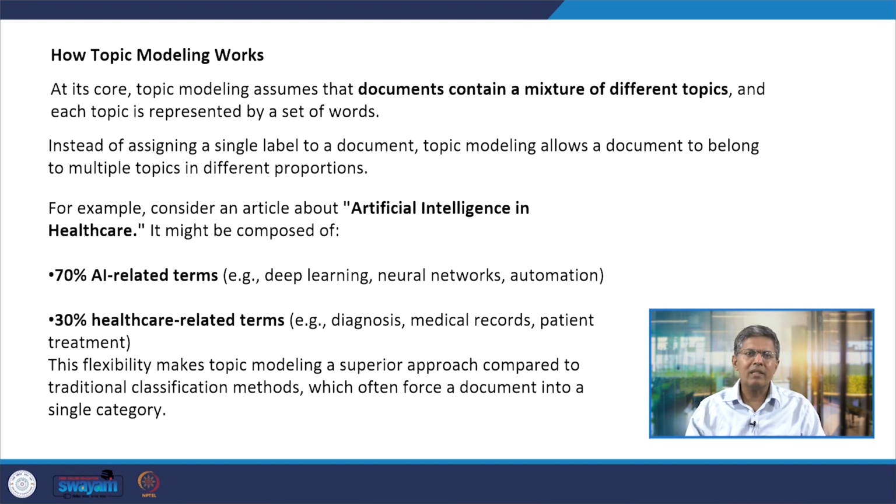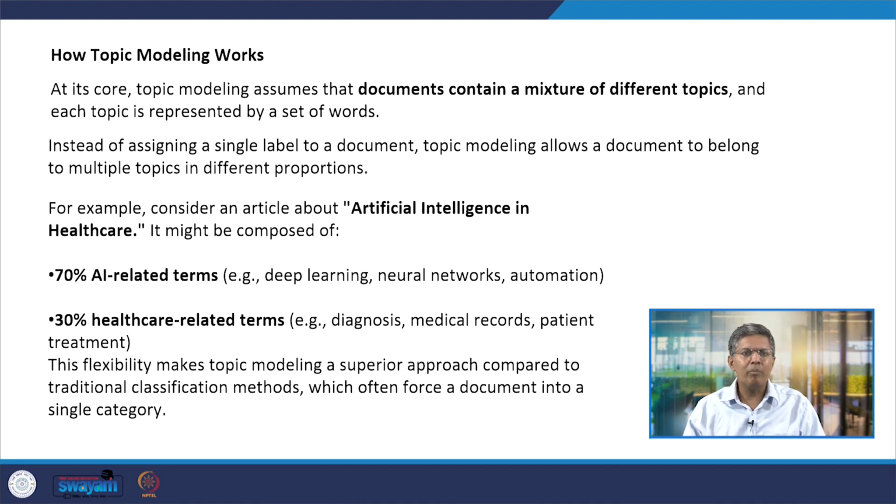Instead of assigning a single label to a document, topic modeling allows a document to belong to multiple topics in different proportions, right. So, here a single label is not required. Topic modeling allows a document to belong to multiple topics instead of one, which was earlier a kind of compulsion, or you can say a challenge to us. For example, consider an article about artificial intelligence in healthcare.